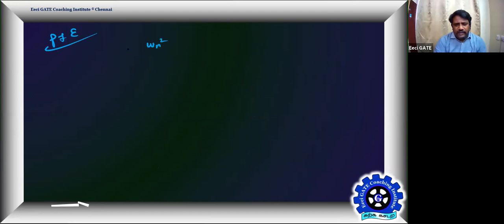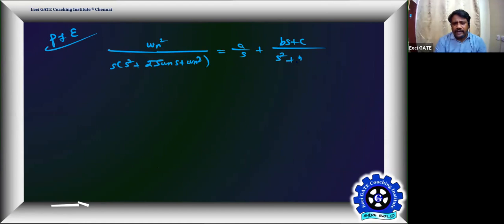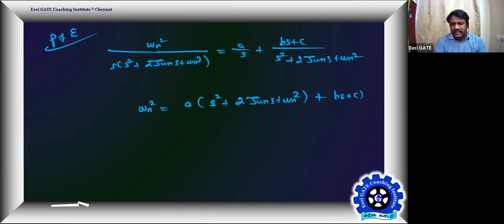It's omega n square by s into s square plus 2 zeta omega n s plus omega n square, which equals A by s plus Bs plus C by s square plus 2 zeta omega n s plus omega n square. Now after taking LCM, the left side will be only omega n square, and the right side will be A into s square plus 2 zeta omega n s plus omega n square, plus Bs plus C into s.